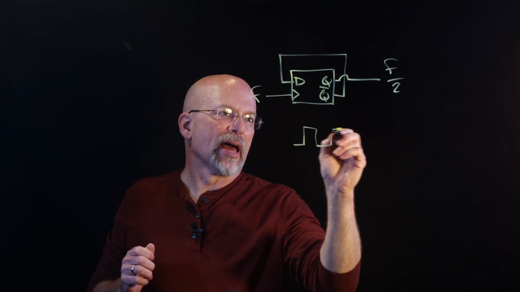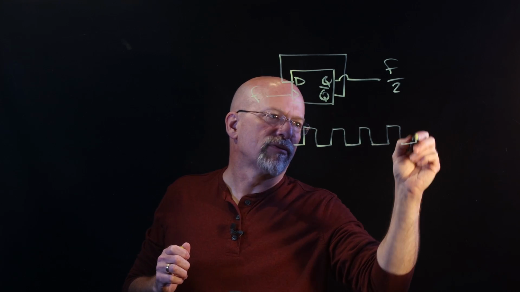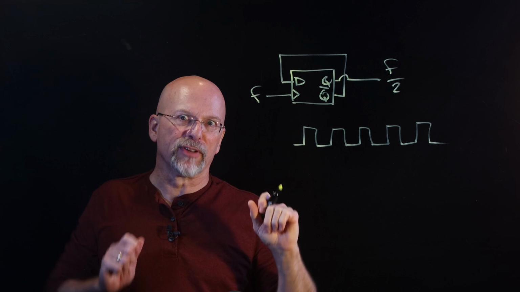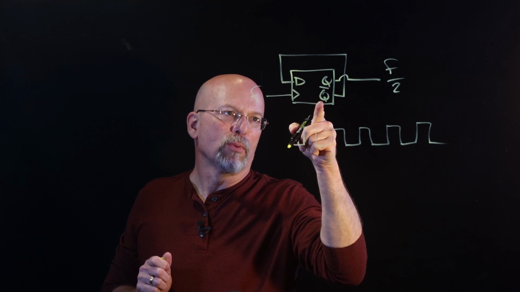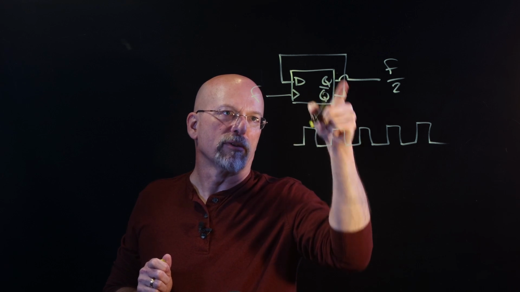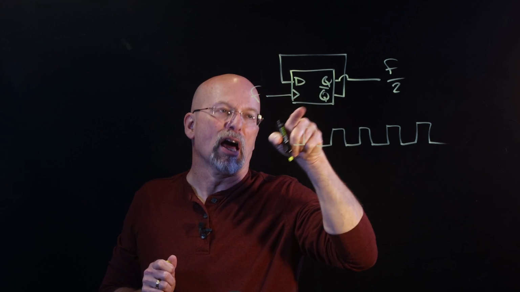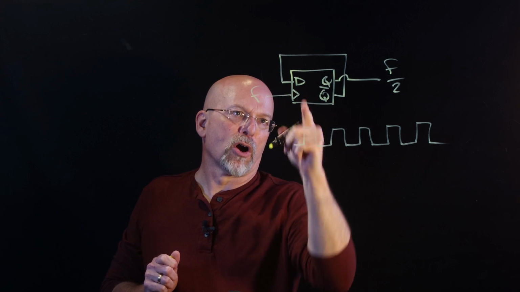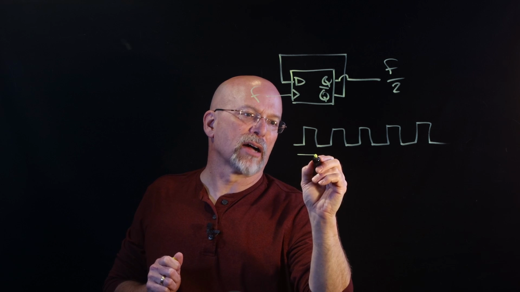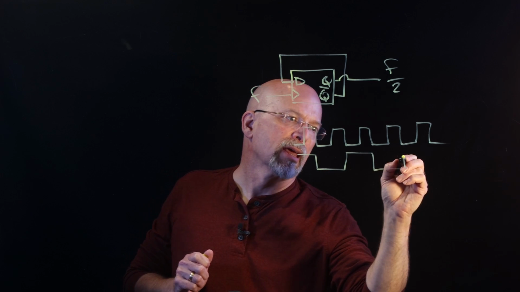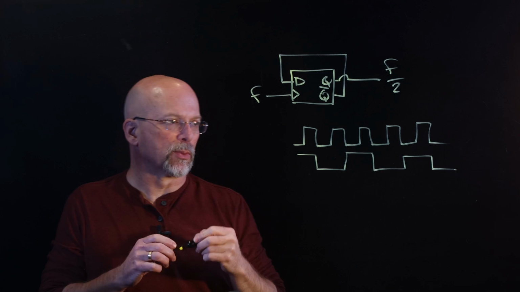So if you had, for example, a falling edge D flip-flop there, then every time we had a falling edge on the frequency input clock, what was stored inside the box flipped, inverted. And so what we did was we divided the frequency in half.